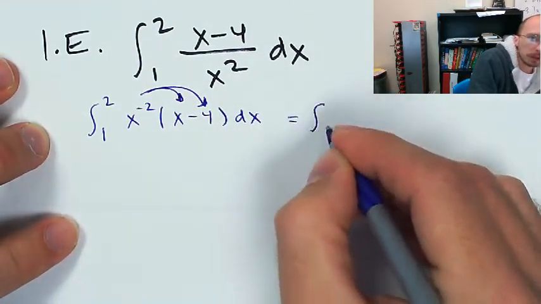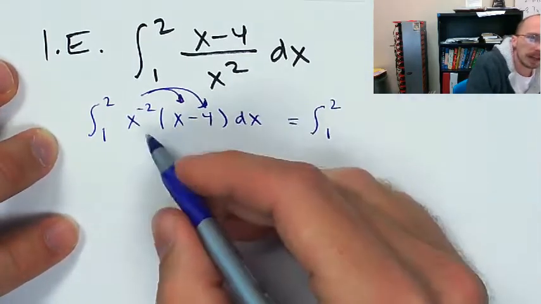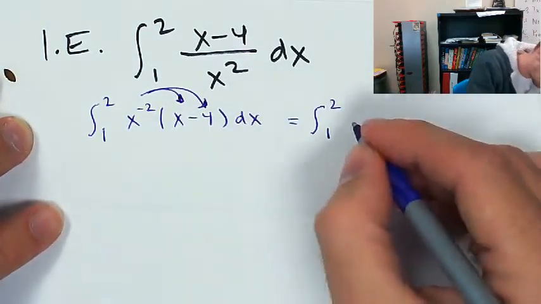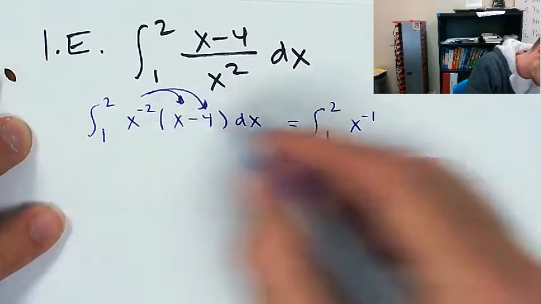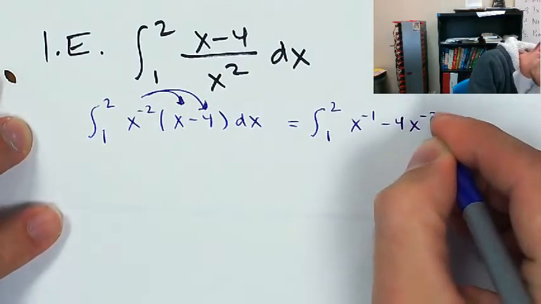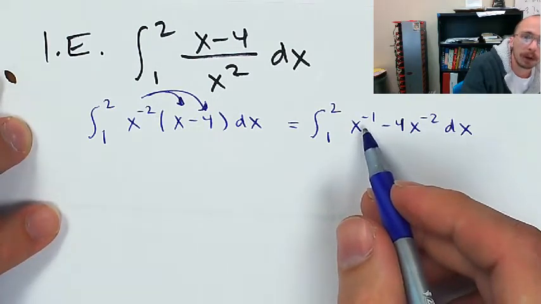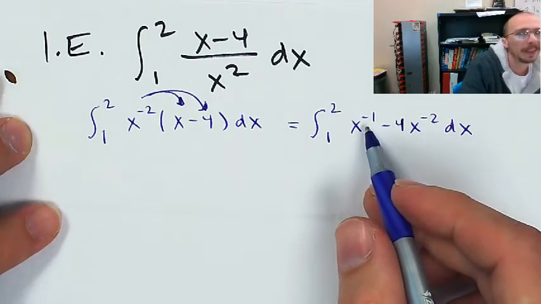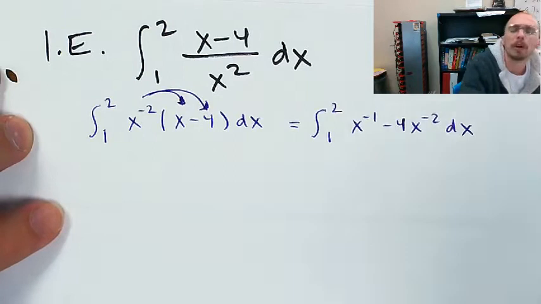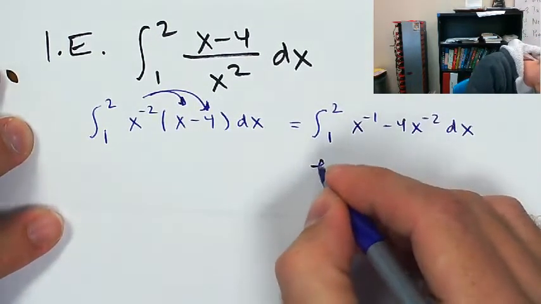So that's going to be the integral from 1 to 2 of x to the negative 2 times x to the 1, which would be x to the negative 1, and negative 4x to the negative 2. Now, I'm going to want to add 1 to the power and divide by the new power, right? But then that would be divided by 0. So that's natural log of the absolute value of x.